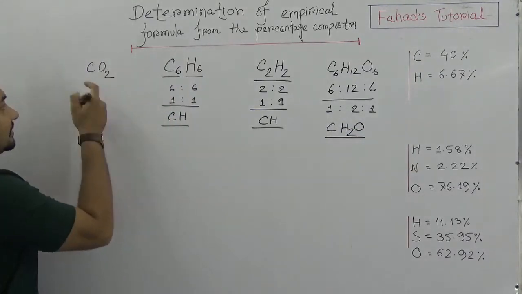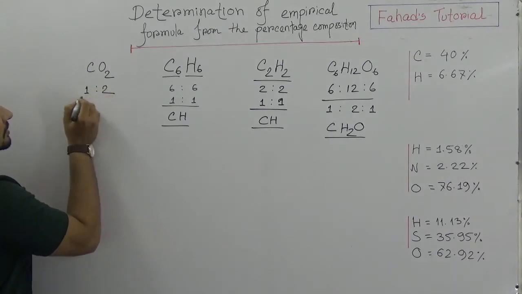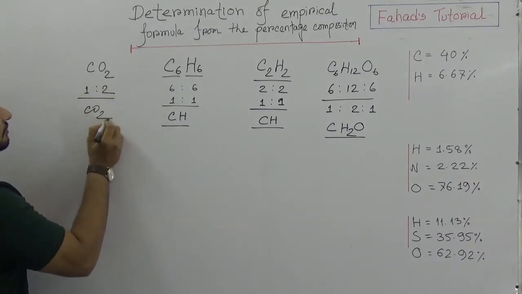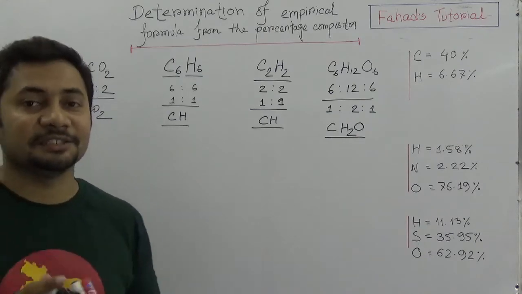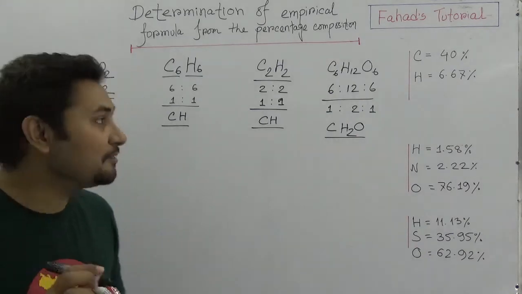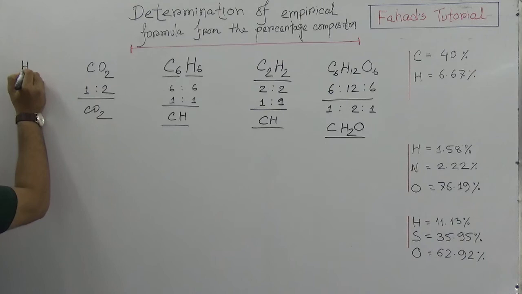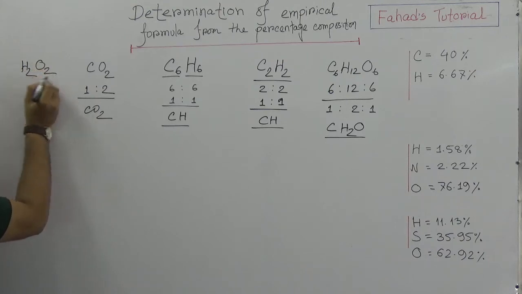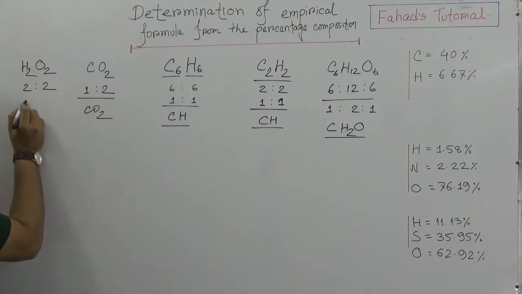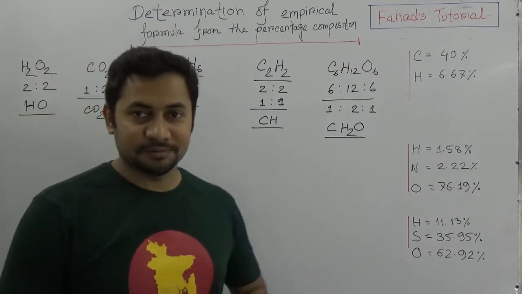For CO2, this is simply 1:2, which is no change, so the empirical formula of CO2 is CO2. But if it was hydrogen peroxide, then this is 2:2, so we can say this is 1:1, so this should be HO.